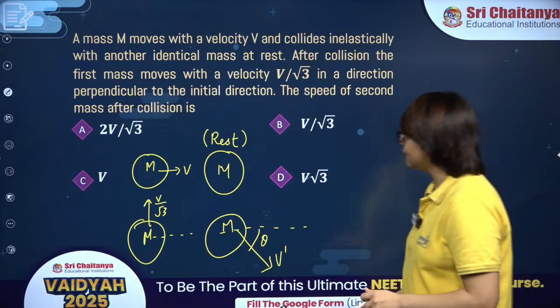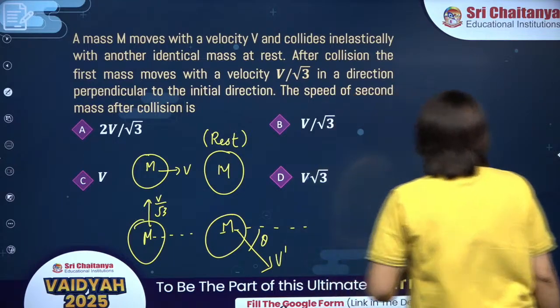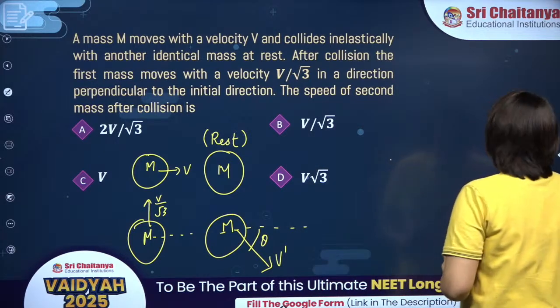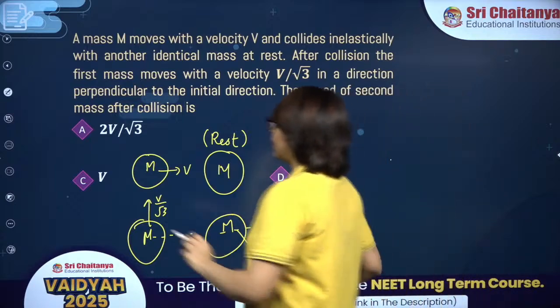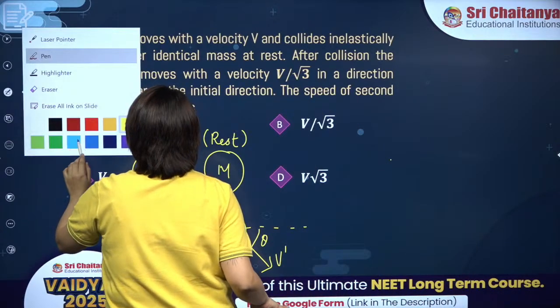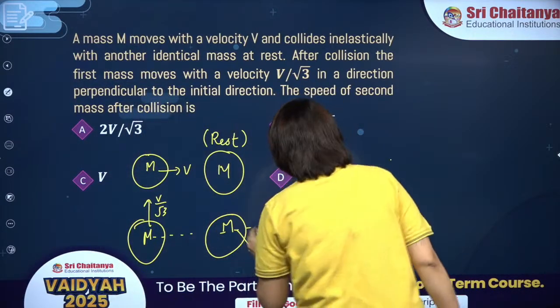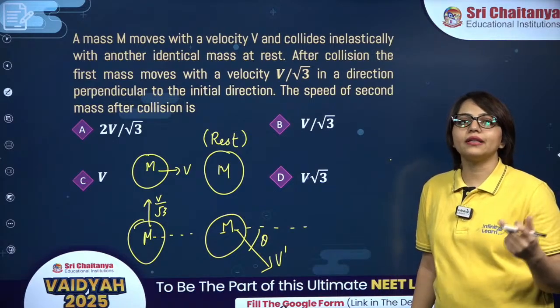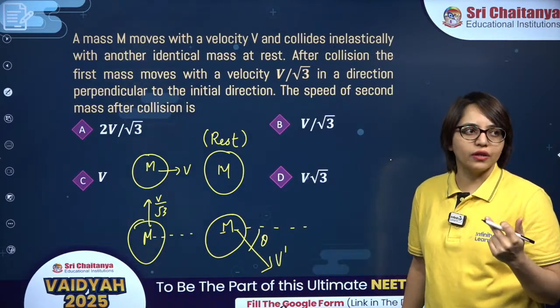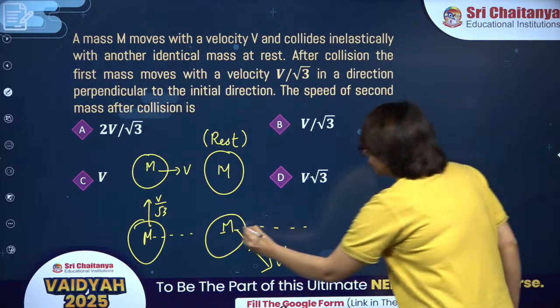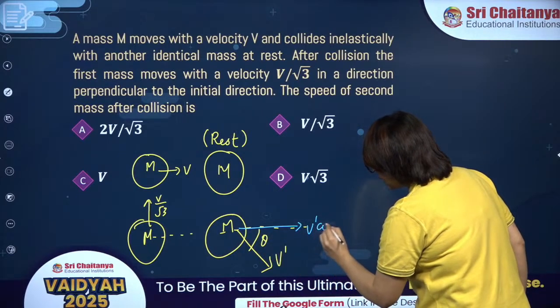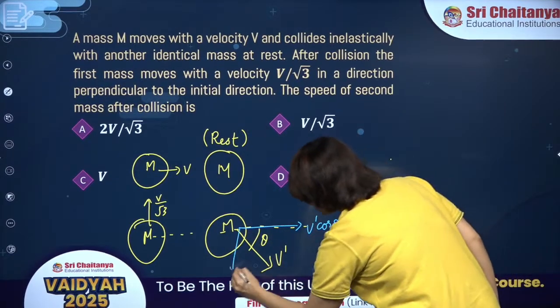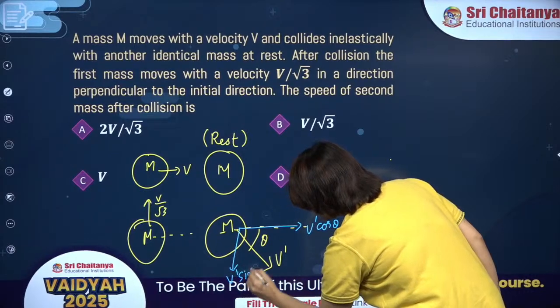All right, let's see. So first of all, you have to find the components of velocity v dash in horizontal and vertical direction, bachcho. Because we are going to apply conservation of linear momentum in x direction as well as y direction over here, right? So this will be v dash cos theta and this will be v dash sin theta.